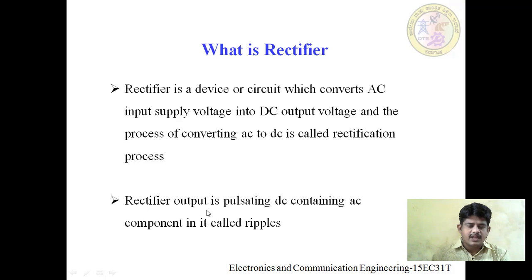The rectifier output is pulsating DC containing an AC component in it called ripples. In the previous block diagram also we have seen that the rectifier output is not completely smooth. It is pulsating DC and it has an AC component. That AC component we call ripples.